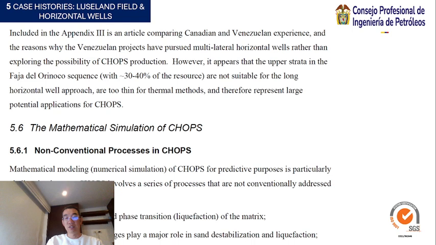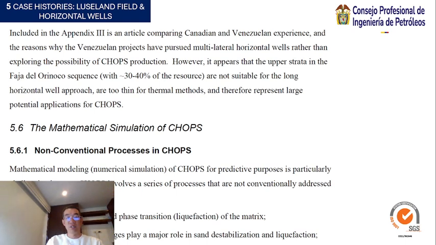Numerical simulation of CHOPS for predictive purposes is particularly challenging because CHOPS involves a series of processes that are not conventionally addressed in reservoir simulation.